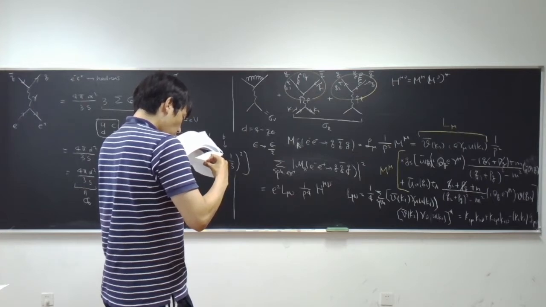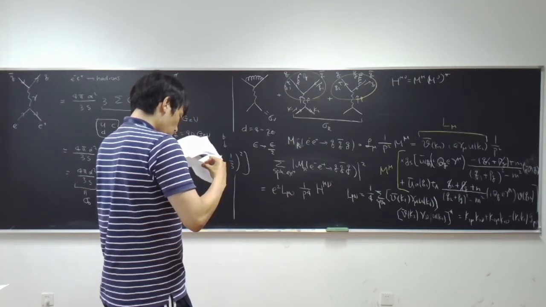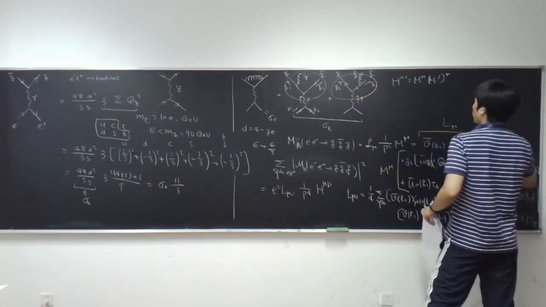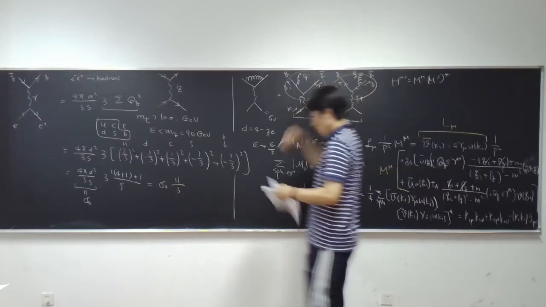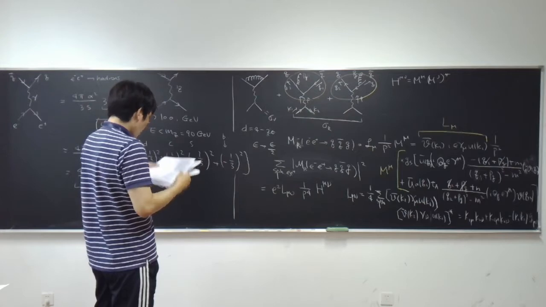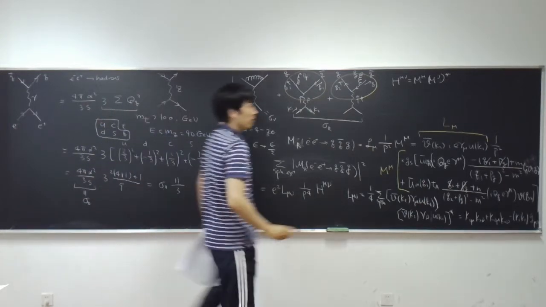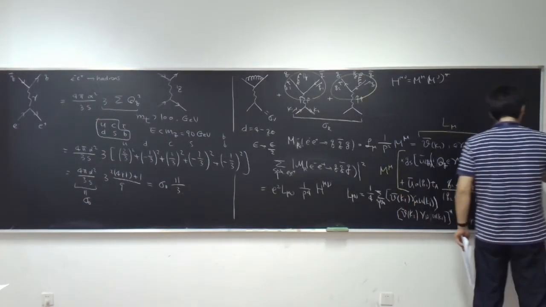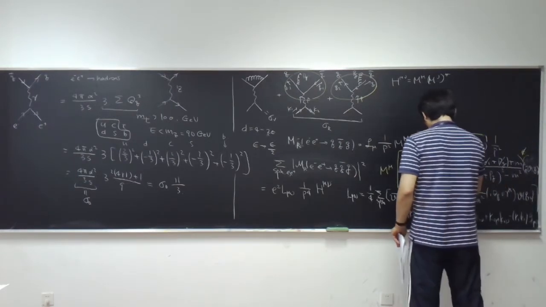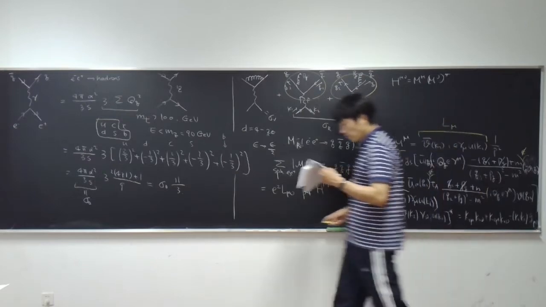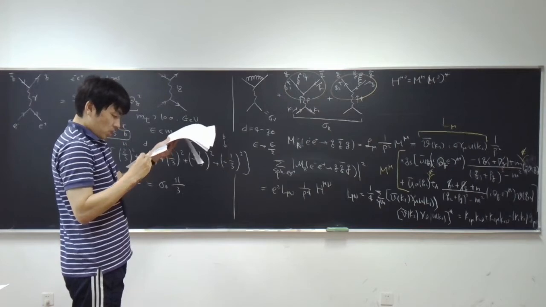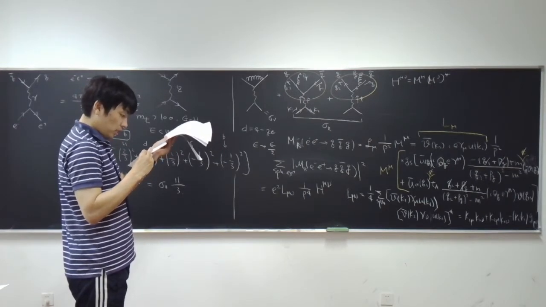You have to include the polarization vector of the gluon here, which I didn't. So here you have to include the polarization vector E slash, and here E slash.